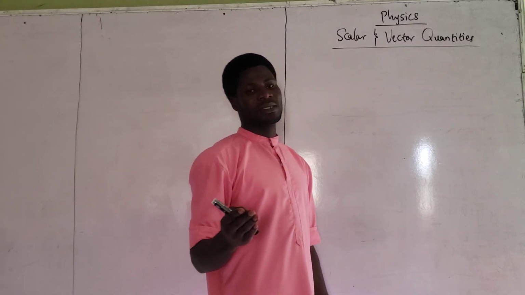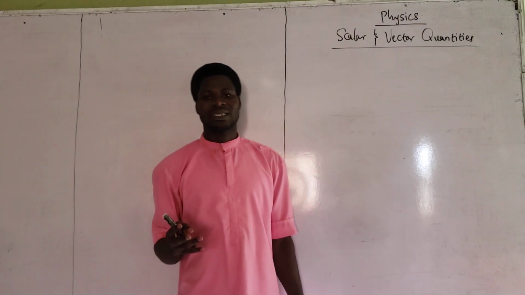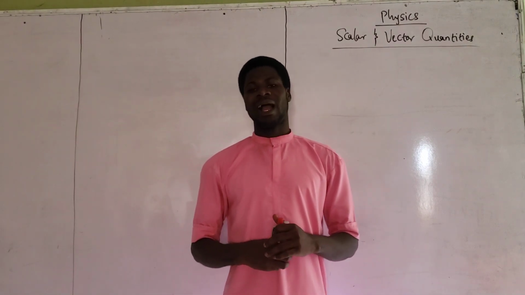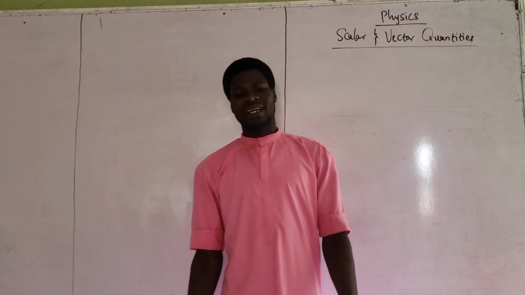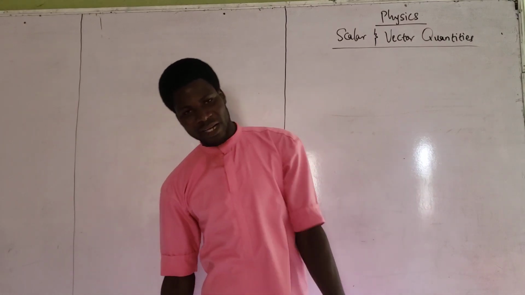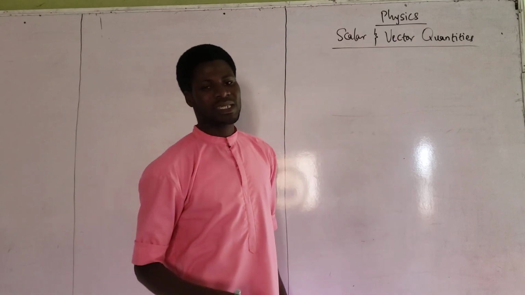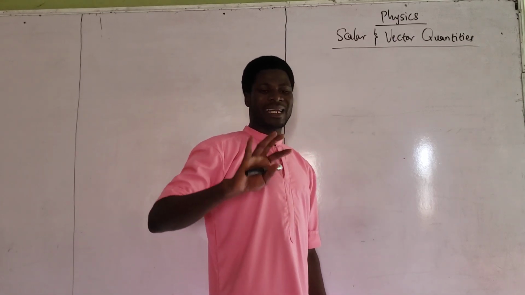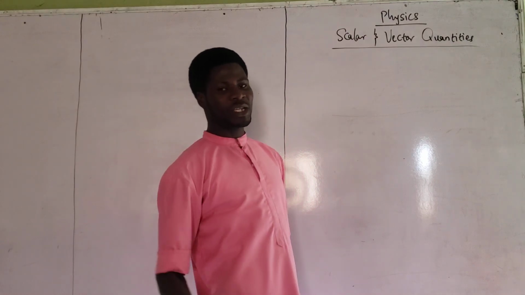Scalar quantities are those quantities that have magnitude only and without direction. They don't have anything to do with direction. So they are the quantities that are only described by their magnitude and unit of measure.